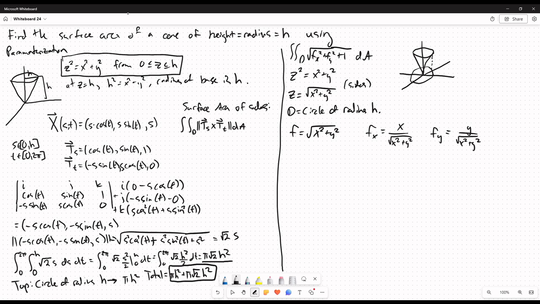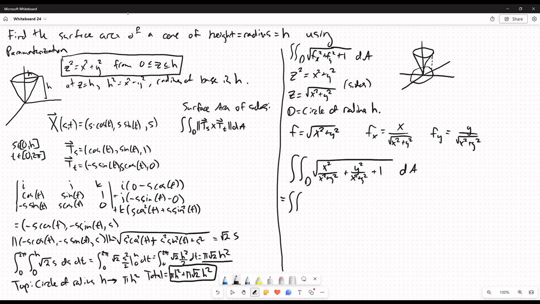So let's look at what this integral is. So I'm integrating the square root of, f sub x squared is going to be x squared over x squared plus y squared. Then we're going to have y squared over x squared plus y squared, and you might notice something very cool just happened, plus 1 dA.